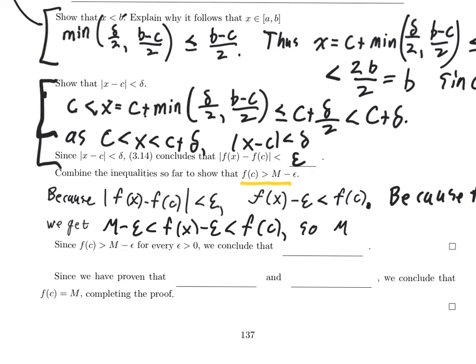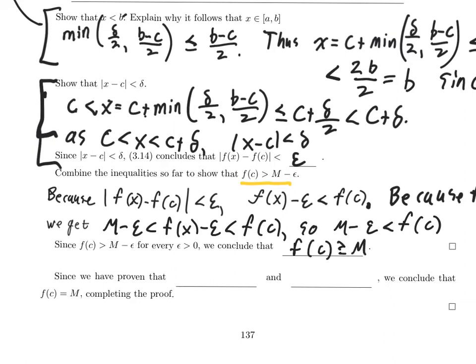So m minus epsilon is less than f of c. Now we prove that for every epsilon bigger than 0. So I've proven f of c is greater than m minus epsilon for every epsilon bigger than 0. From that, I conclude that f of c is bigger than or equal to m.